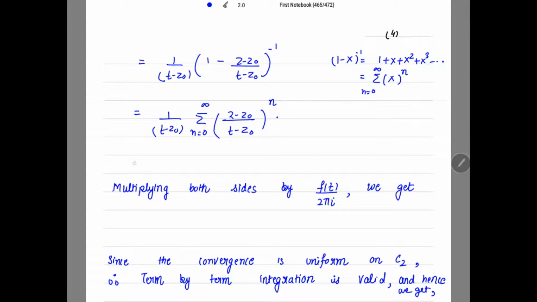Furthermore, this is also t minus z naught. Let's take this inside, and we will get the summation of z minus z naught to the power n over t minus z naught, where the power will increase to n plus 1 in the denominator, and here it is n.